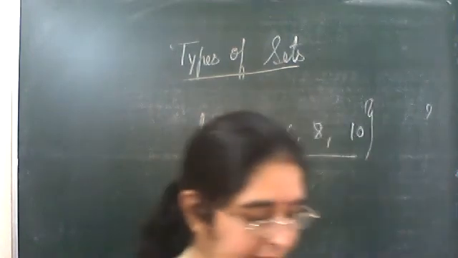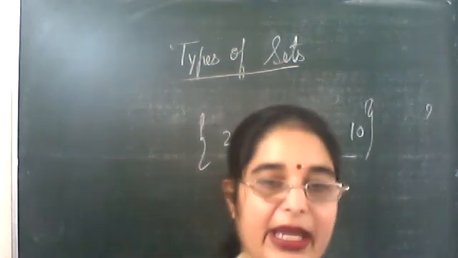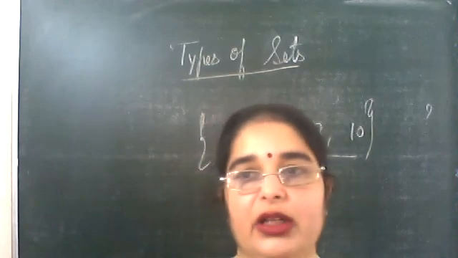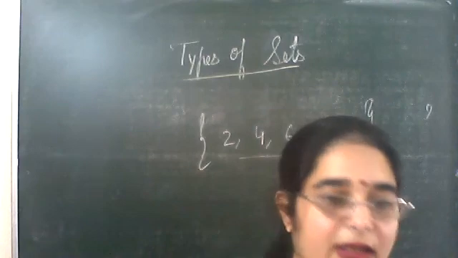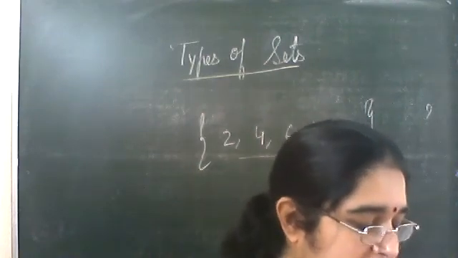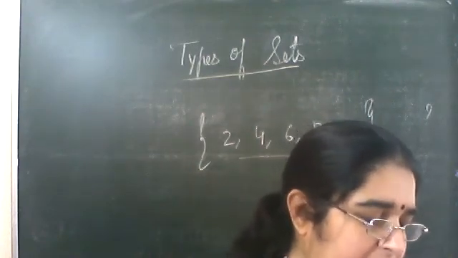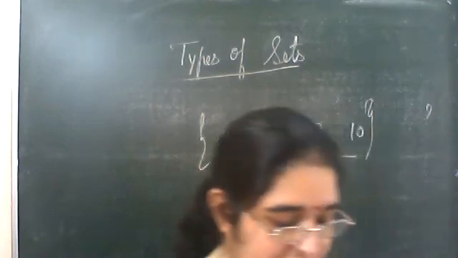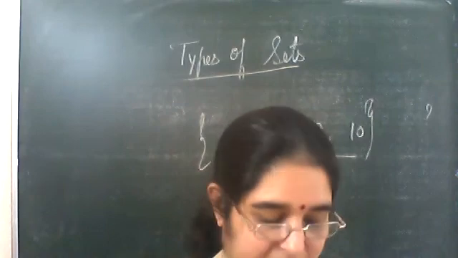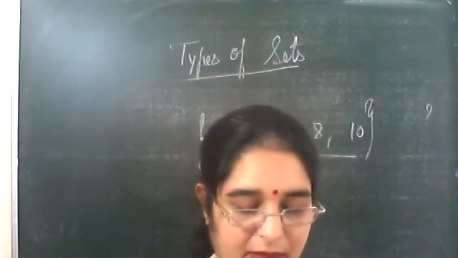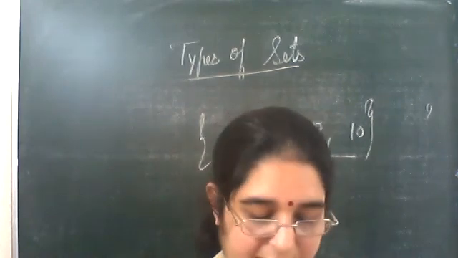Next one, X where X is a multiple of 10. Is it clear? X is a multiple of 10 first part, then you are having 10, 15, 20, 25, 30 and so on. Please let me know.